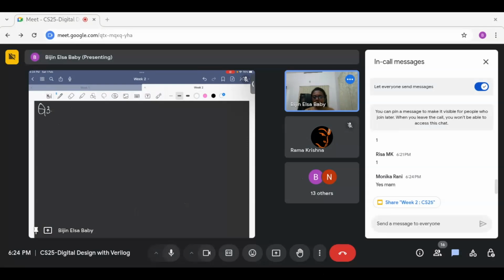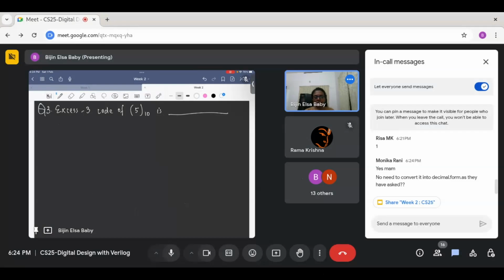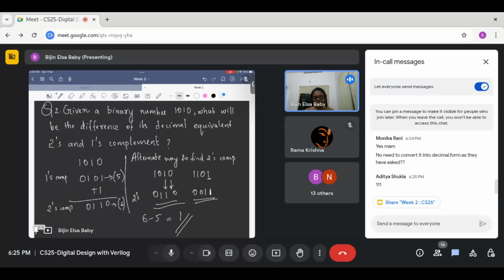Now we are moving to the next question. Excess 3 code of 5. Are you talking about this question?